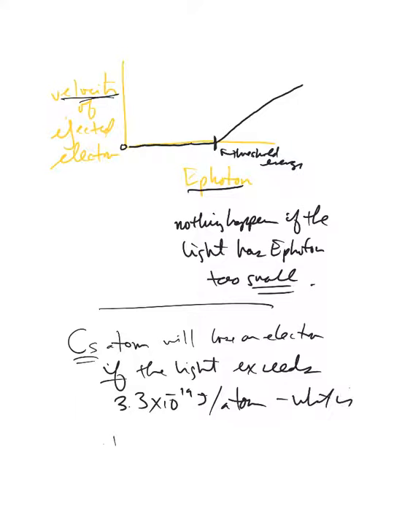What is this wavelength? And what kind of light is it?